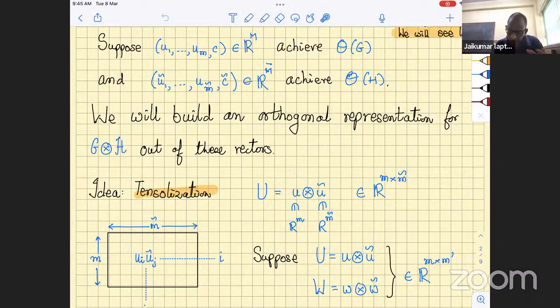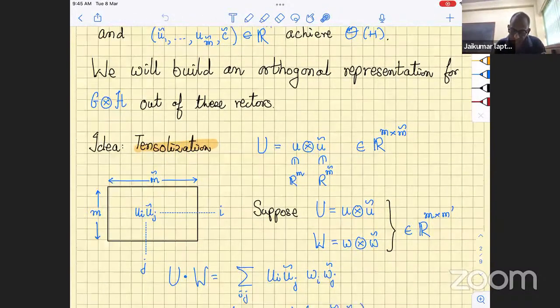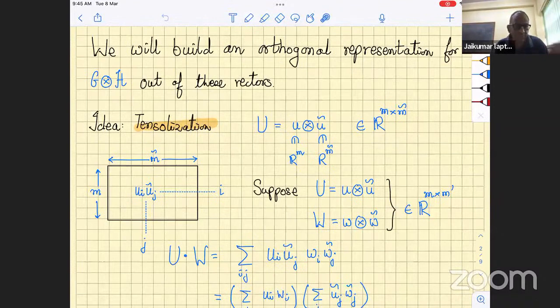Now, I'm not sure if tensor product was discussed in detail in your linear algebra course, but we are now going to just adopt a certain pragmatic attitude towards tensor products and just complete the proof. Okay.